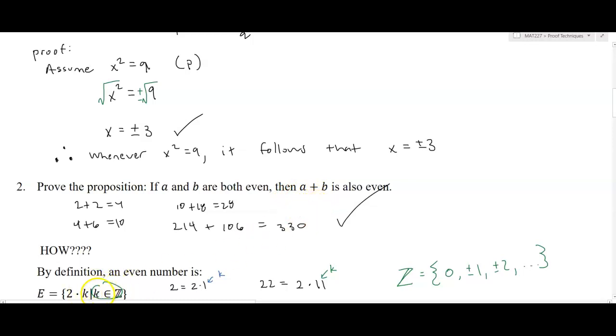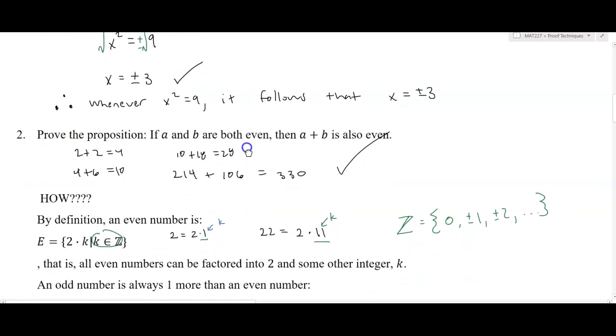Now, the important thing to note here is k is just any integer. It doesn't really matter what integer k is. It just has to be the case that you can factor out a 2, and then whatever's left over as the other factor is your value of k. All even numbers can be factored into 2 and some other integer k.